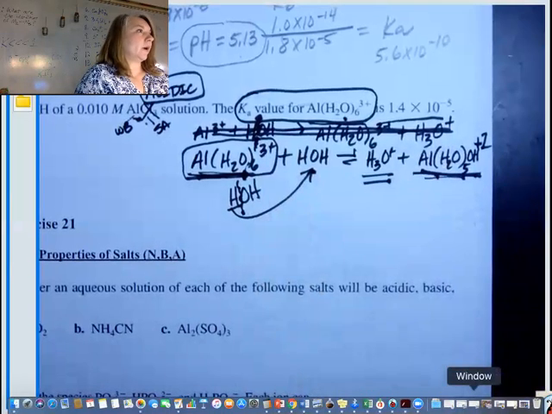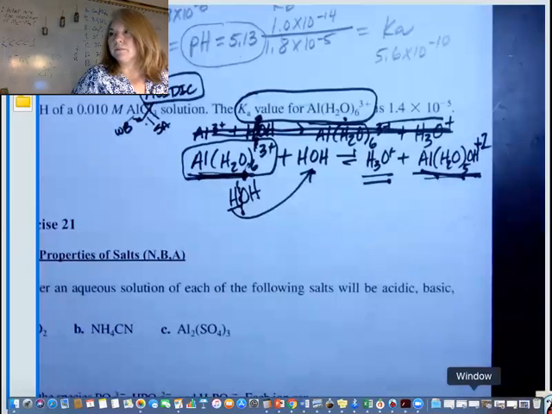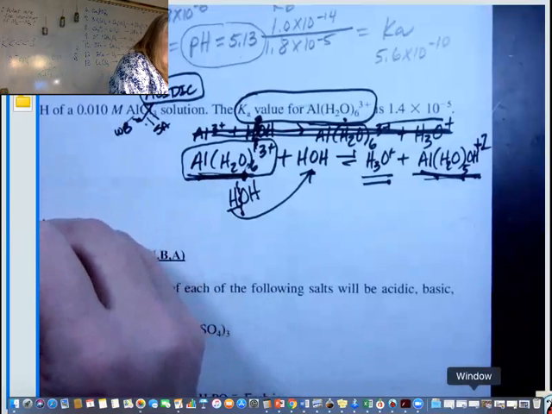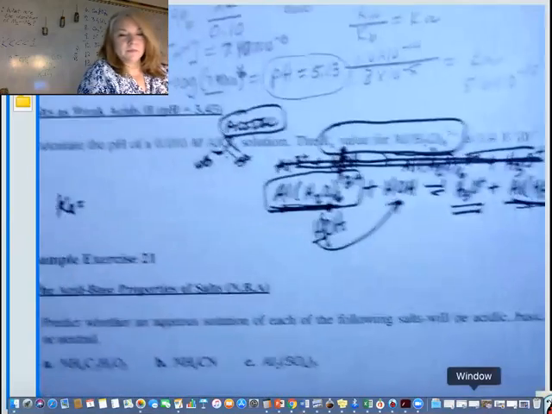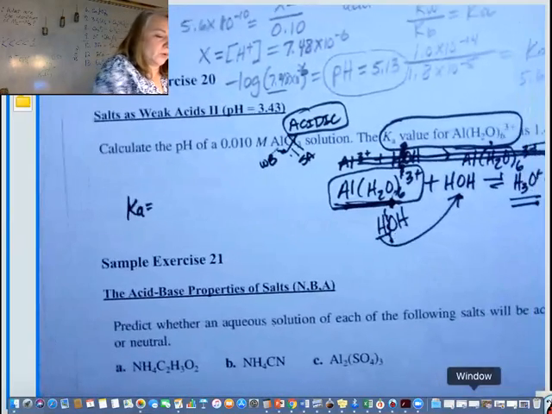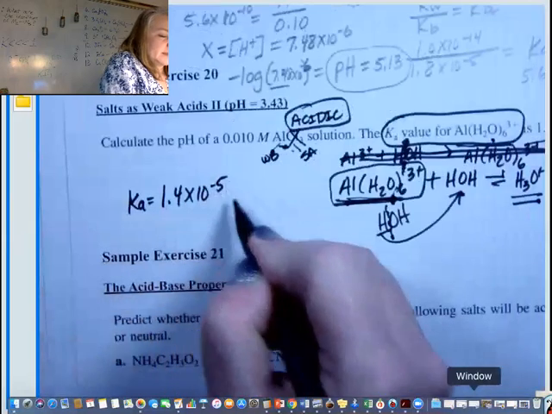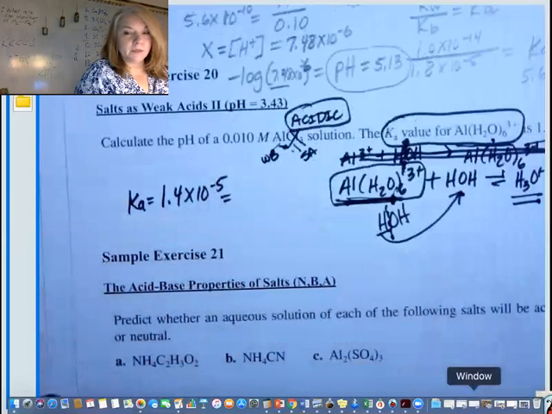Are we cool with that part? Okay, so now what are we going to do? Find the pH. That's pretty straightforward, isn't it? We can just do Ka is 1.4 times 10 to the negative 5th. And then what are we going to put on top?